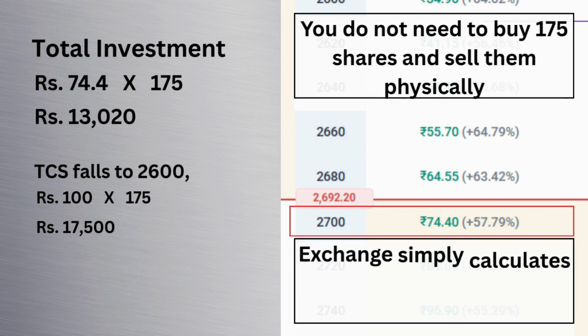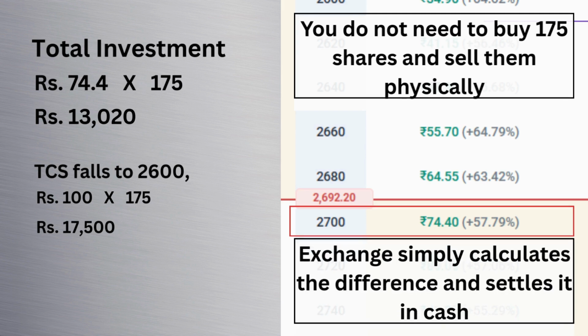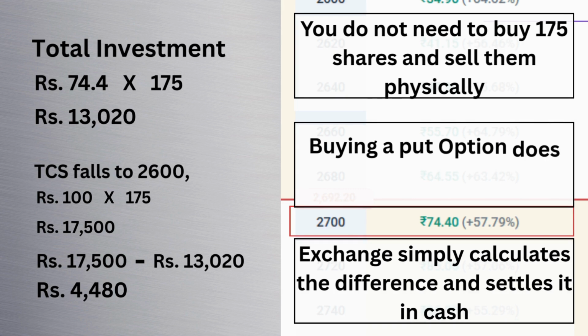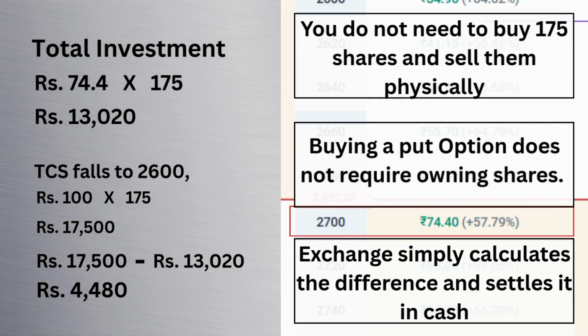The exchange simply calculates the difference and settles it in cash. So after recovering your initial investment of 13,020 rupees from the total value of 17,500 rupees, your net profit comes to 4,480 rupees. So remember this clearly. Buying a put does not require owning shares. You are trading the contract, and profits are settled based on price difference.